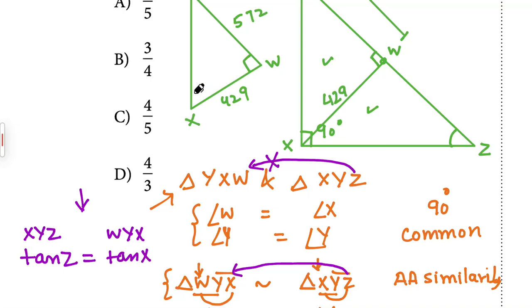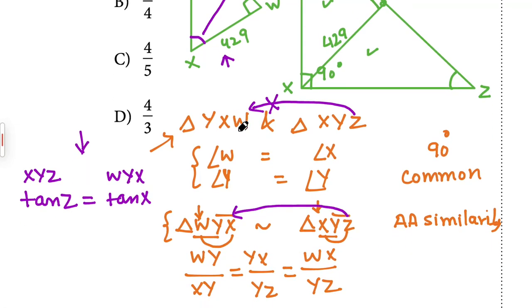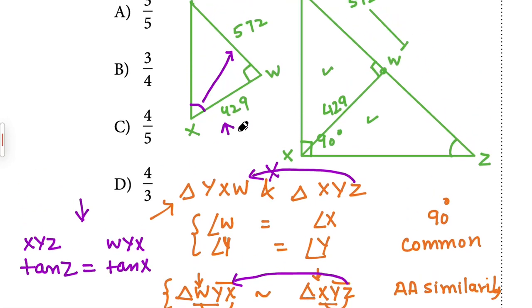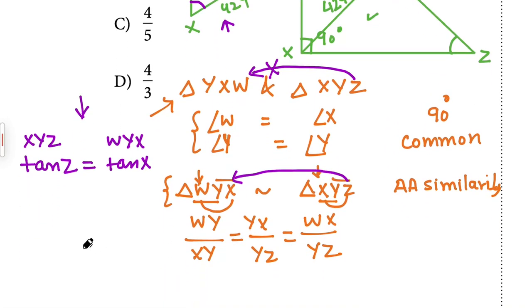Now let's see what tan X is. If this is the angle, so this side is going to be opposite and this side is going to be adjacent, right? So that means tan Z is going to be 572 over 429. 572 over 429.